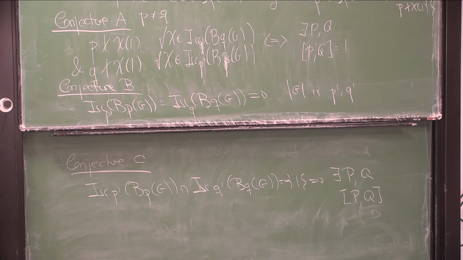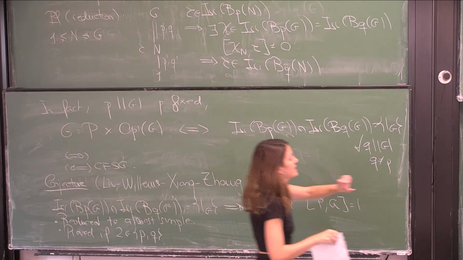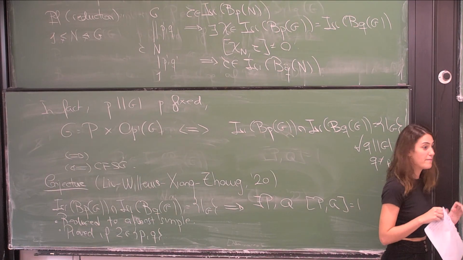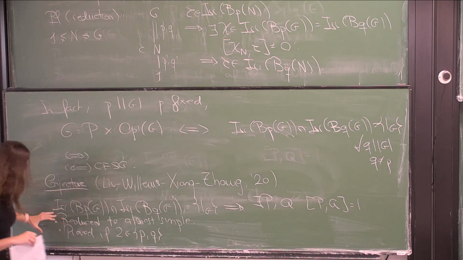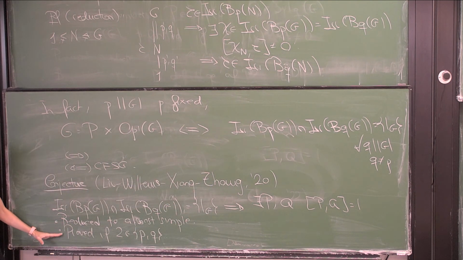So I have 2 minutes maybe, and I will give evidence for these conjectures. Let me start with the last of them, because actually it was the first one that we attempted. Remember that they reduce it to almost simple groups and prove it in this case.